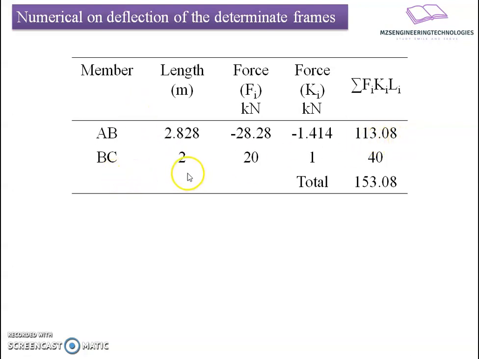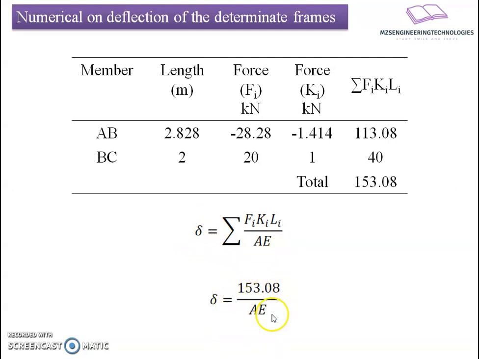For member BC, the length is 2 meters, the force is 20 kilonewton compressive, and Ki is 1, so the product is 40. The summation is 153.08. In terms of deflection, summation of Fi Ki Li divided by E is the total deflection caused under the applied load, which comes to 153.08 upon E.